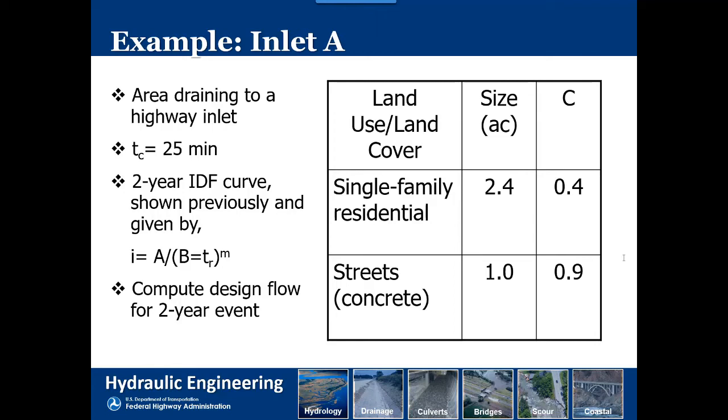We're being asked to compute the design flow for a 2-year event. So we have to do a composite C here because we have single-family residential and we have streets. They give you the area of each of these sub-areas and the C value, and we're going to find the composite C value.